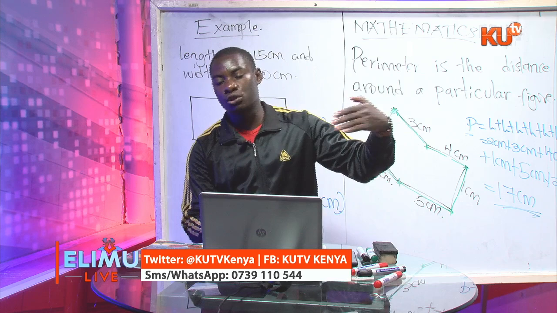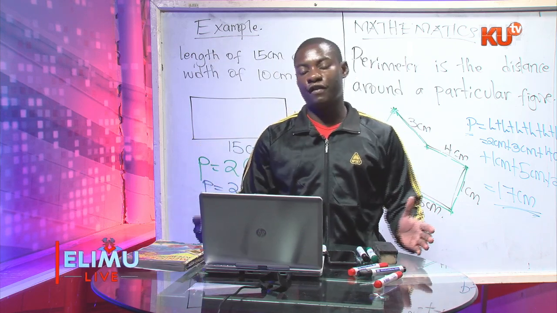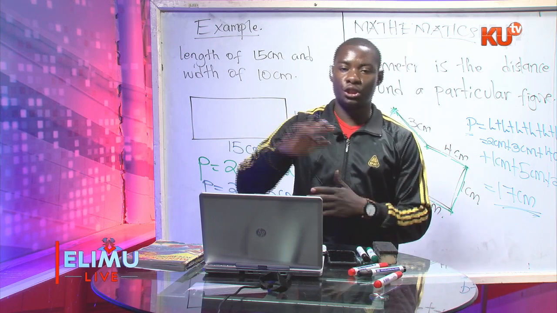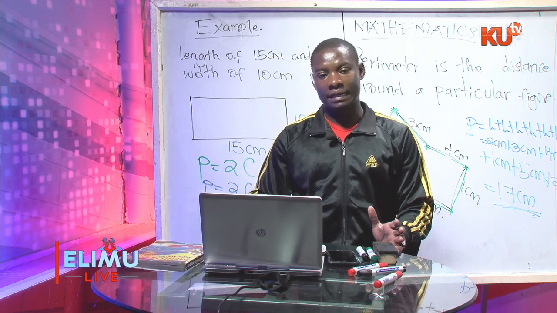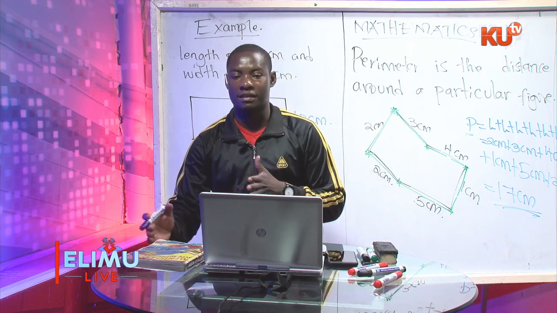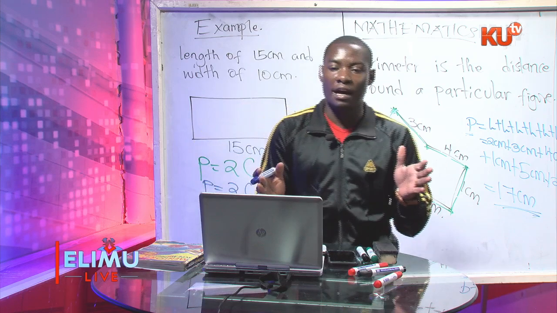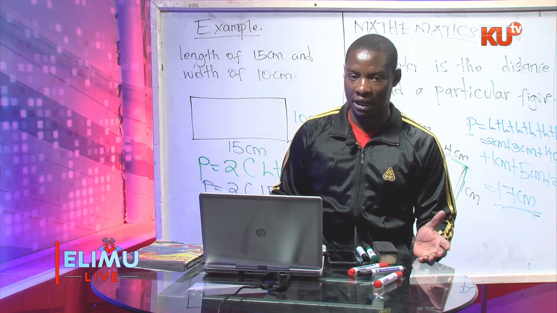So the length is equal to the other length and the width is equal to the other width. So we derive the formula from addition of all the sides. So once we derive the formula, we get perimeter is equals to 2 into brackets length plus width. Then having the formula, you replace the length and the width and work out and get your answer.